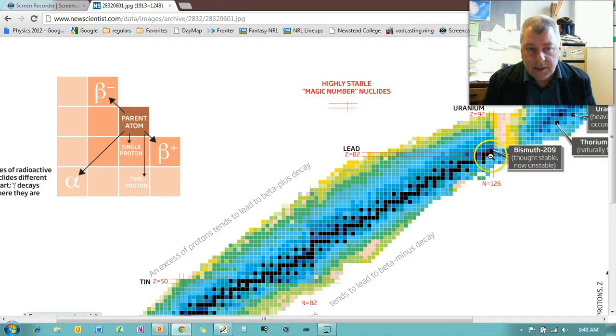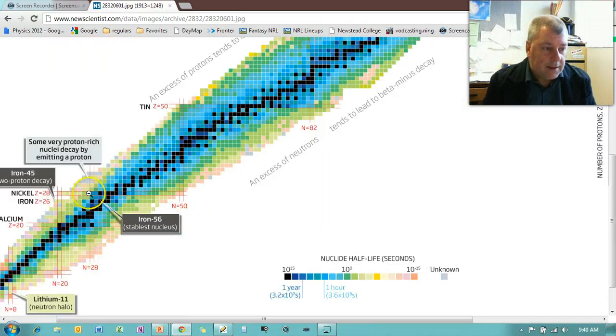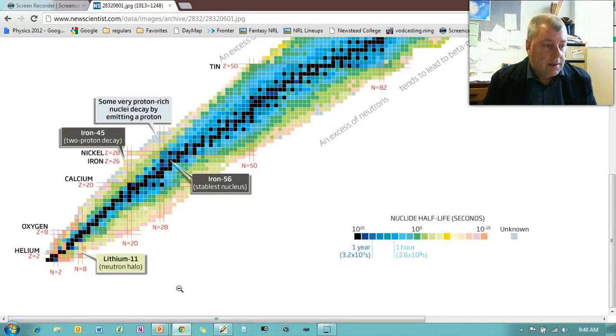Something like just there and there are very stable, but they don't have to be just in the black. Here we have a cross, there we have one there, and there, and so these elements sit outside this band, but for one reason or another, neutrons and protons can arrange themselves to be highly stable, and so they're sort of like outliers basically.